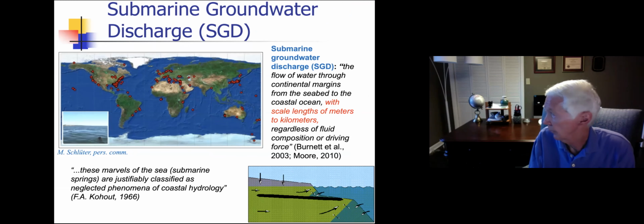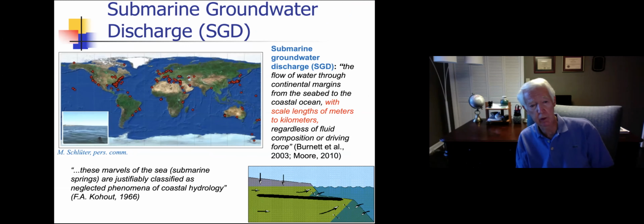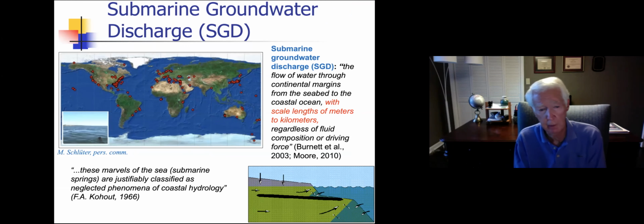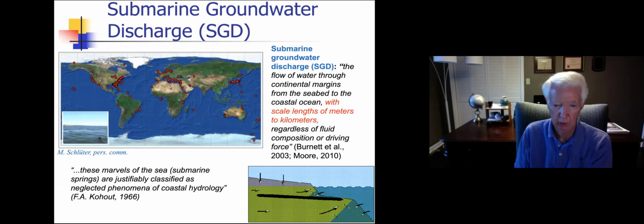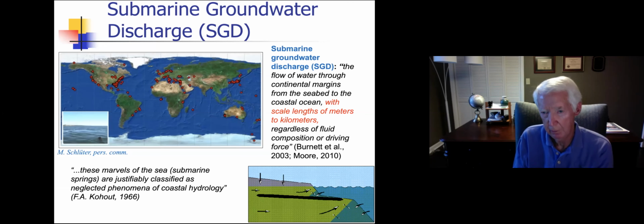He wrote a paper in 1966 and stated that these marvels of the sea, and he was talking about submarine springs, are justifiably classified as neglected phenomena of coastal hydrology. The paper that he wrote in 66 was a review paper on this subject, and he could only find 15 papers that looked at submarine springs from a scientific standpoint.